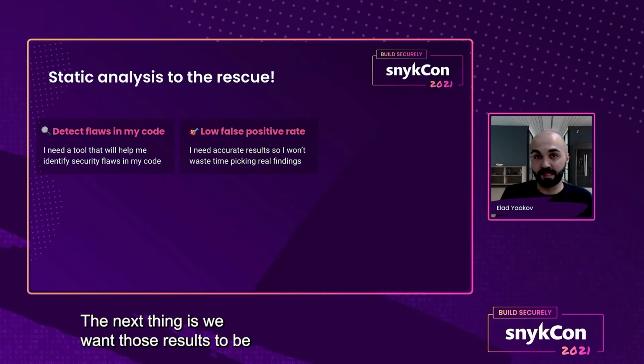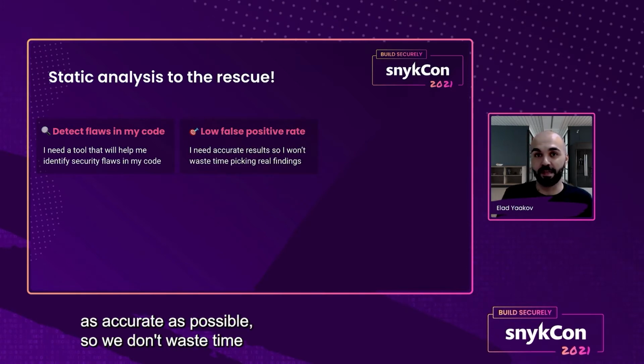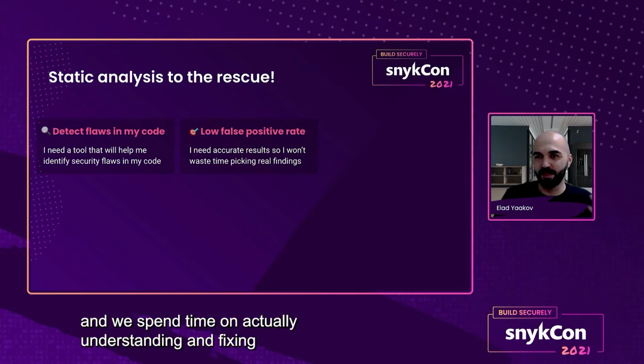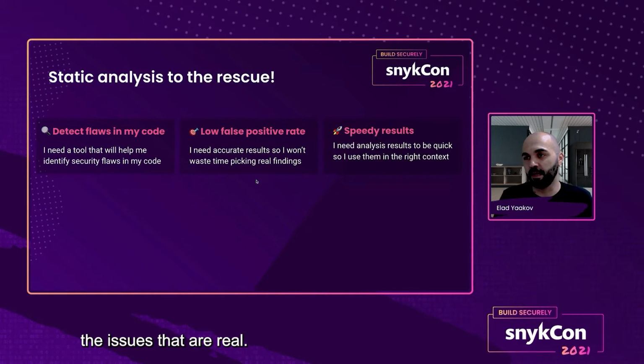The next thing is we want those results to be as accurate as possible, so we don't waste time on issues that aren't actually real, and we spend time on actually understanding and fixing the issues that are real.